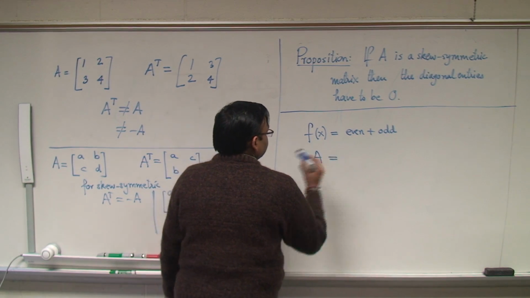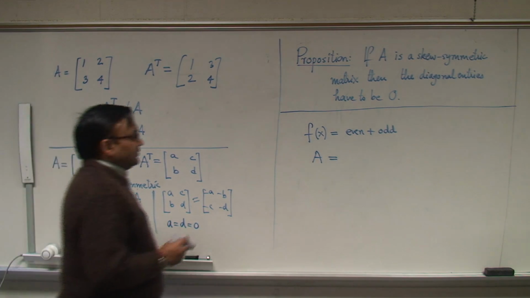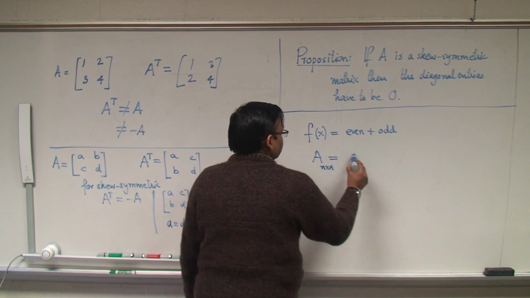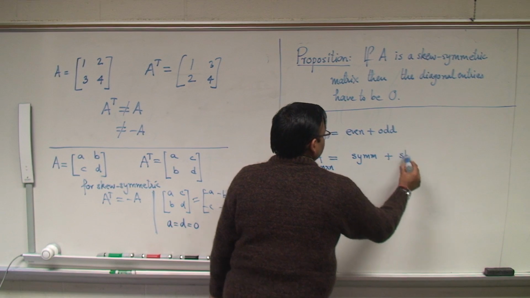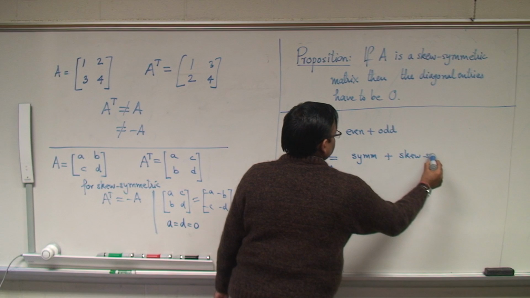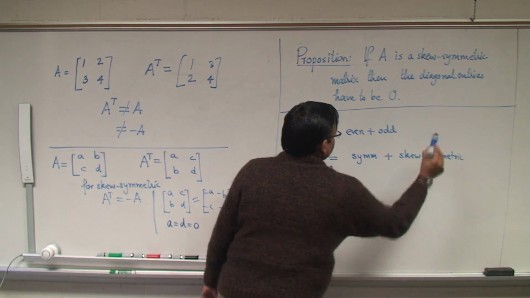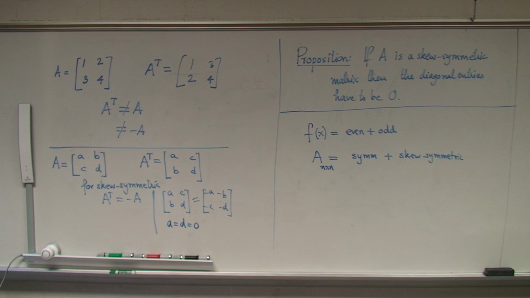Given any square matrix A, is it possible for us to write it as the sum of a symmetric matrix plus a skew-symmetric matrix? Can every A be written that way?